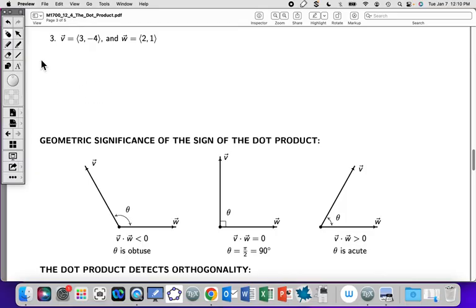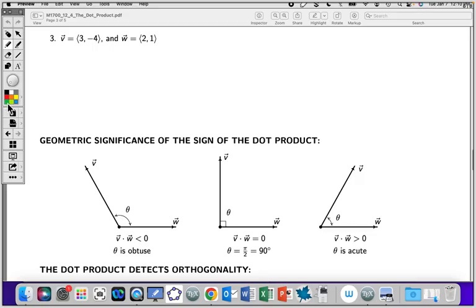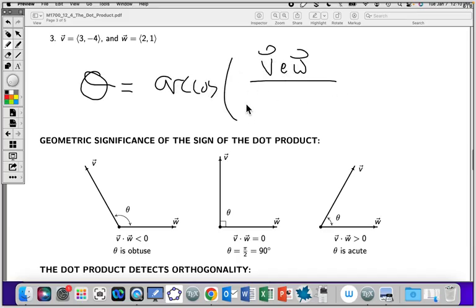All right, so we're getting closer to understanding what exactly the dot product's doing for us. So if we think about this formula, once again, we're assuming V and W are non-zero vectors so that we're not dividing by 0. If V dot W is a positive number, right?